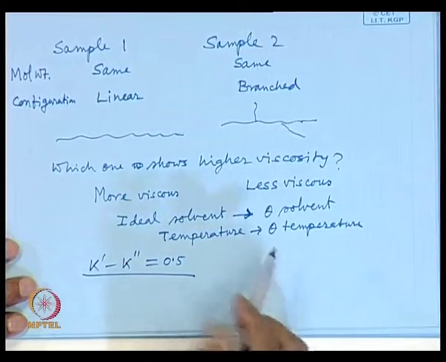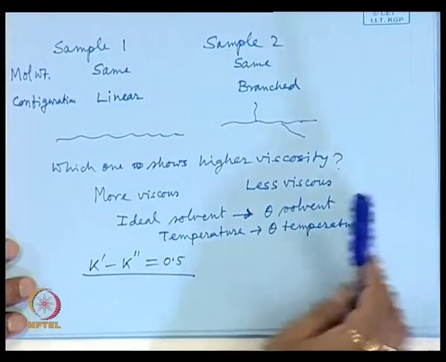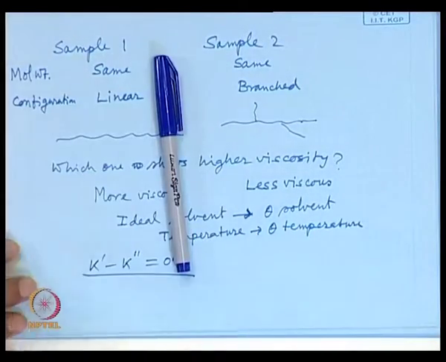Now, one question can arise, sir, if we are unable to measure the flow times of a polymer solution of varying concentrations, but if we measure the flow time of a solution of single concentration, is it possible to get this intrinsic viscosity value, and then can we calculate the molecular weight? This is a question.